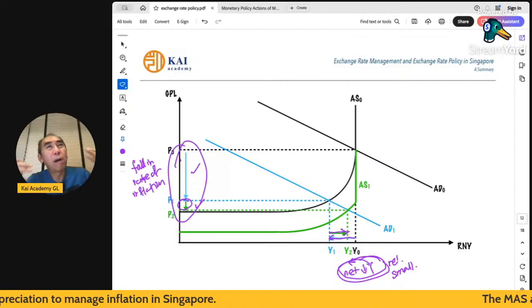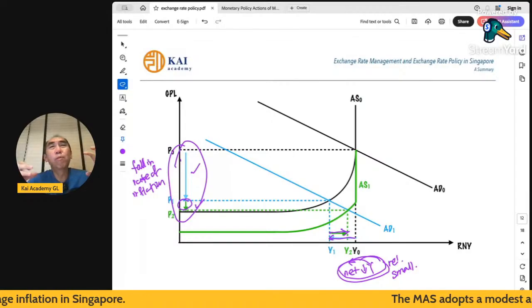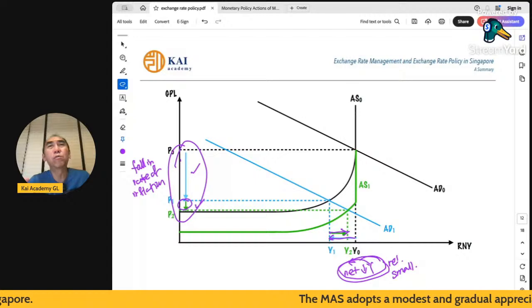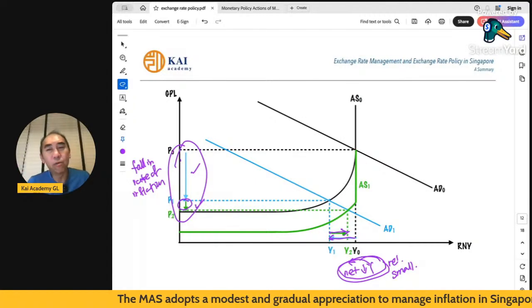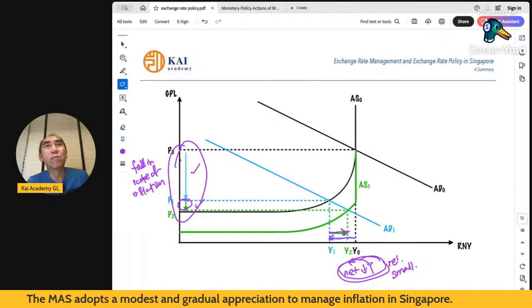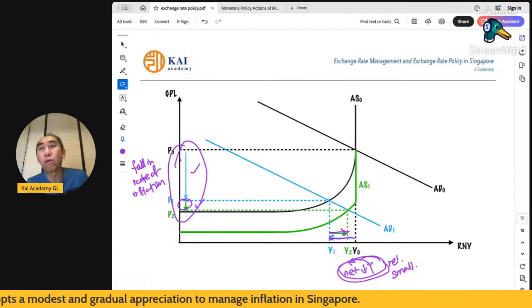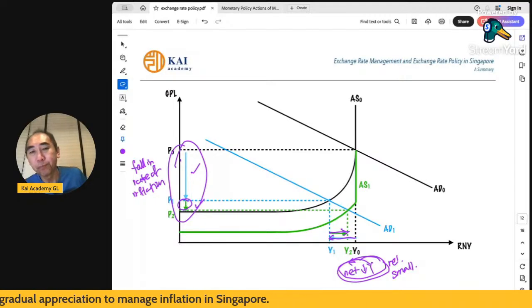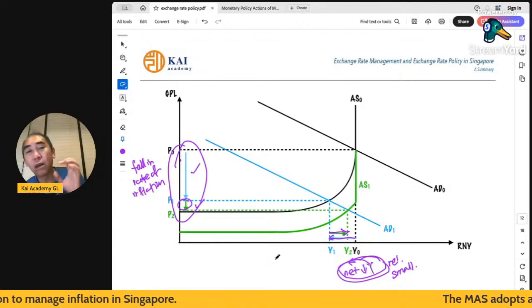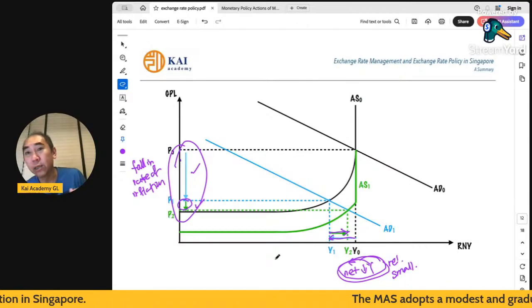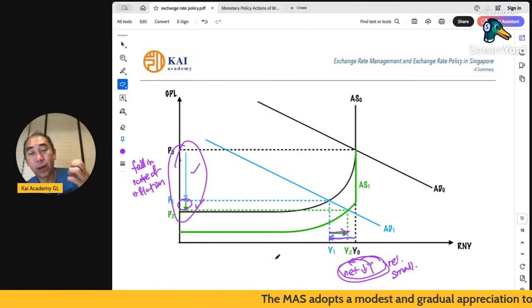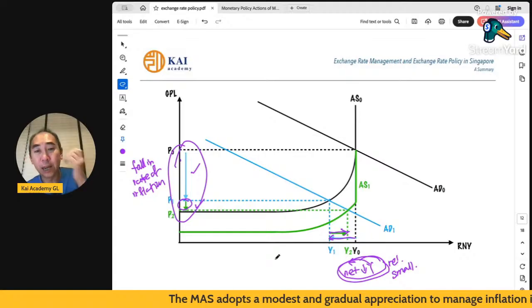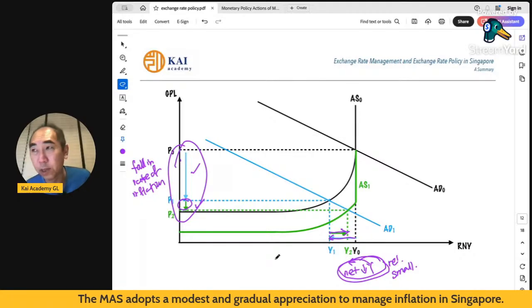And if you couple that with some long-term potential growth in the economy due to both technological advancement and improvements in education and skill, then perhaps we might not even have to suffer a real loss of competitiveness. But essentially, this is how the appreciation of the Sing dollar is used to address the high inflation in the country. So that makes it a really good policy.